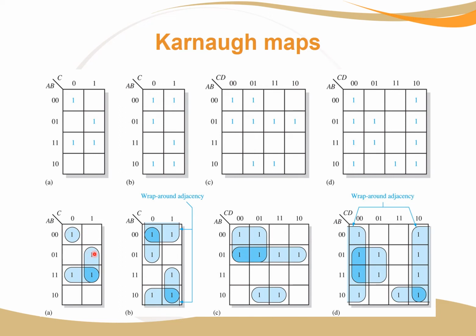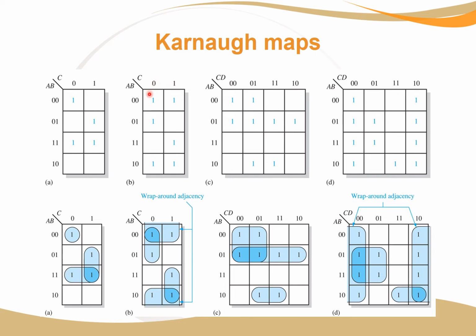So here we have 3 groups. Now what do these groupings mean? For each group you will have 1 equation. So where we had 4 equations, we've now simplified it to 3 equations.